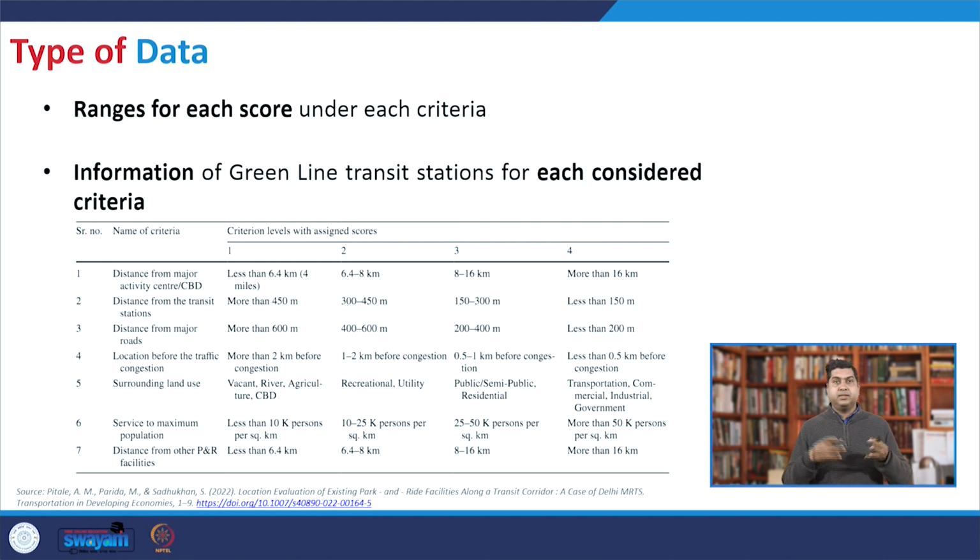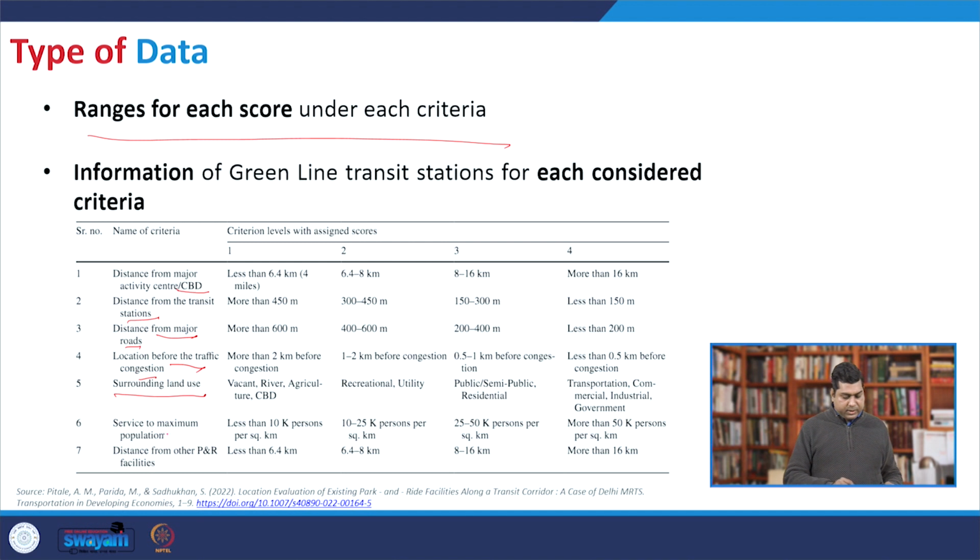Now through extensive literature review, we have identified the set of criteria for facility location of park and ride. So this is distance from major activity center or central business district, distance from transit station, distance from major road, location before traffic congestion, because whenever you find that from a residential location you are entering a congestion, then probably you will not be interested because you will spend time in the congestion to reach the station.